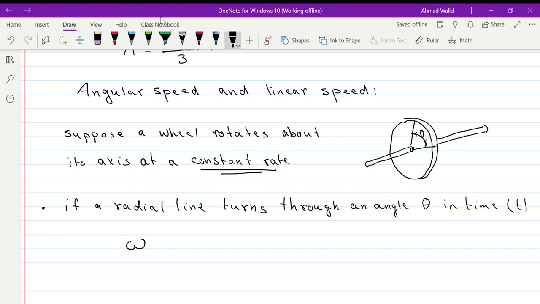It's not a W. We call it omega. Then omega, which is your angular speed, is equal to theta over t.